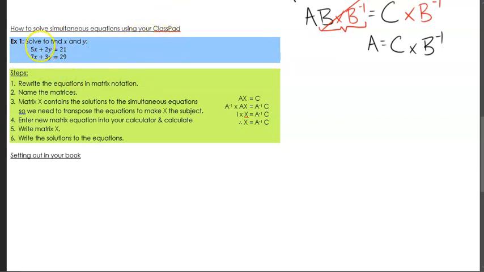When we plug these two numbers in, multiplying the x number by 5 and the y number by 2 and adding them together, we should get 21, on the condition that the x and y values can also be substituted into the second equation, timesing the x by 7 and the y by 3 and adding together, and I should get 29. The x and y only have one unique solution for each letter. There's no other letters that will work. What are those letters that we can substitute in?